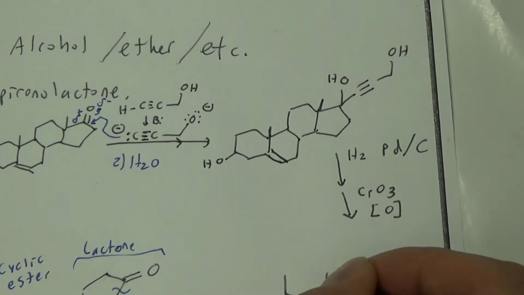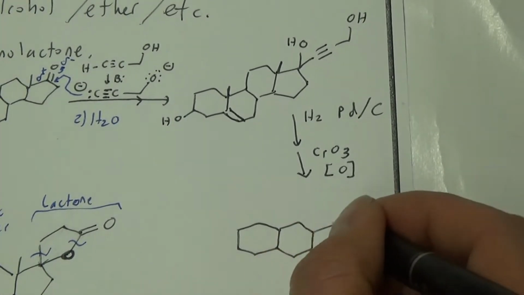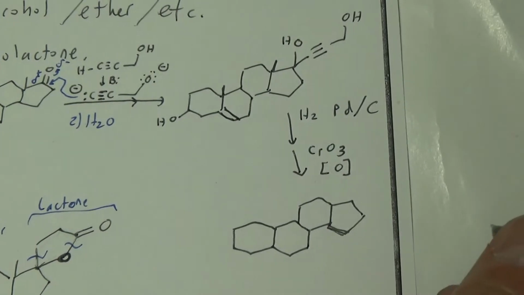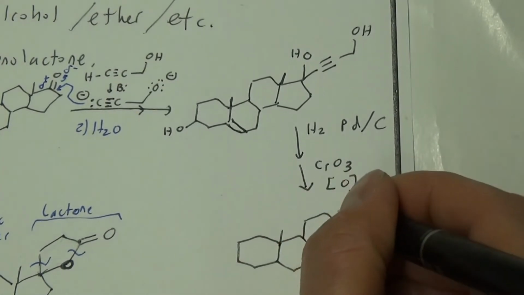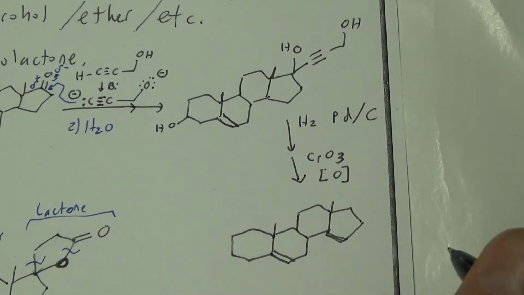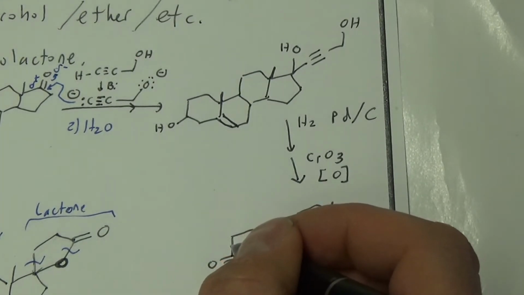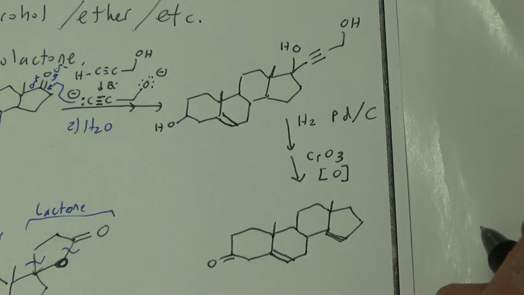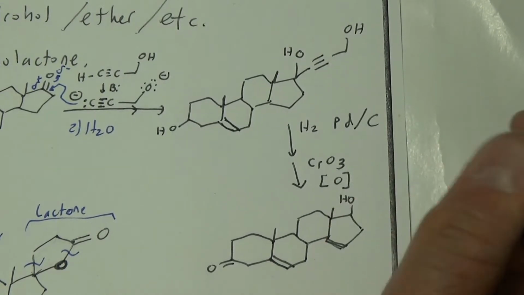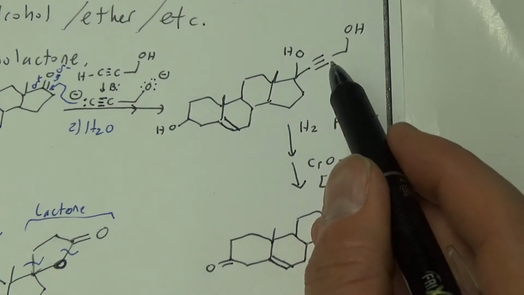Okay, so we got our new steroid. We got our methyls. We got our alkene here. That alkene sort of survived the hydrogenation. And we got our ketone there. Okay. And now, like I said, we still have our alcohol here. But now we have carbon, carbon, carbon, and then carbon, carbon, then the carboxylic acid.